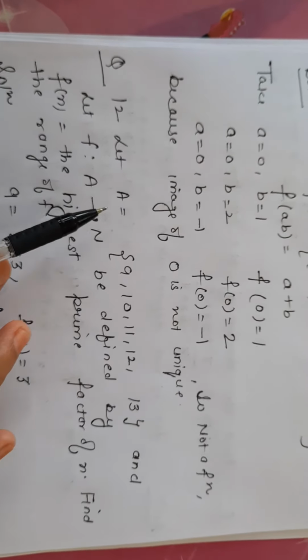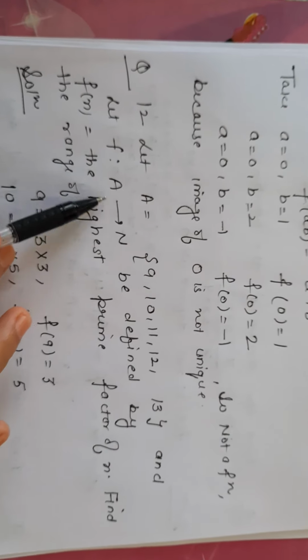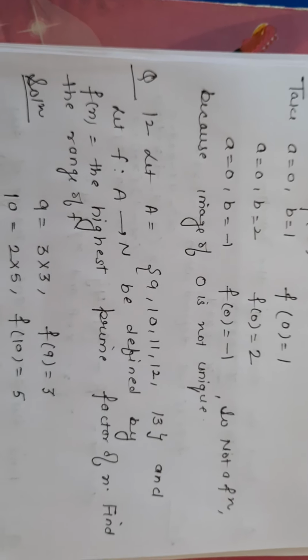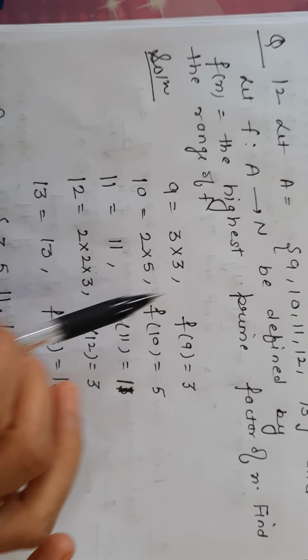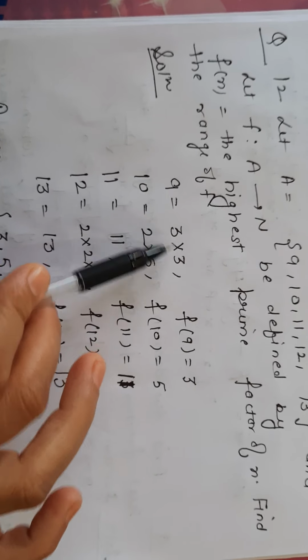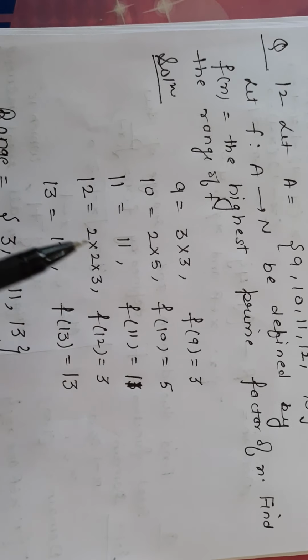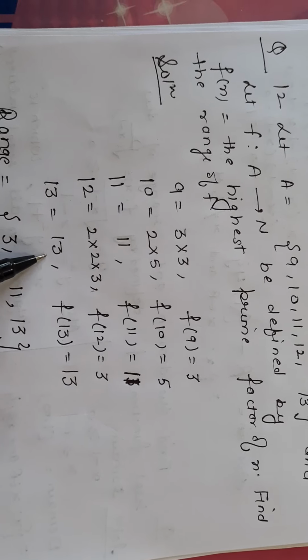Next question, let A be 9, 10, 11, 12, 13 and f from A to N be defined by f of n is the highest prime factor of n. Find the range. First you write all the numbers in the form of prime factors. 9 is 3 into 3, 10 is 2 into 5, 11 is already a prime number, 12 is 2 into 2 into 3, 13 is also a prime number.